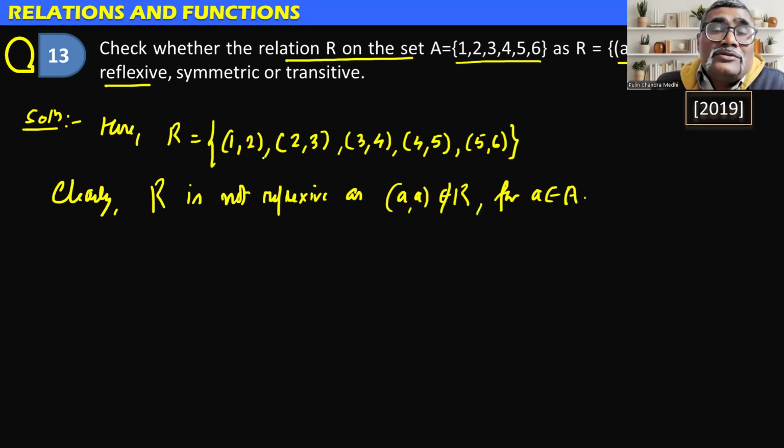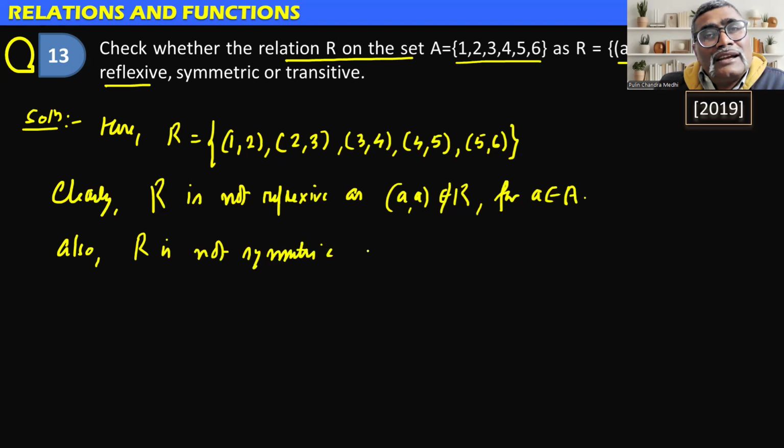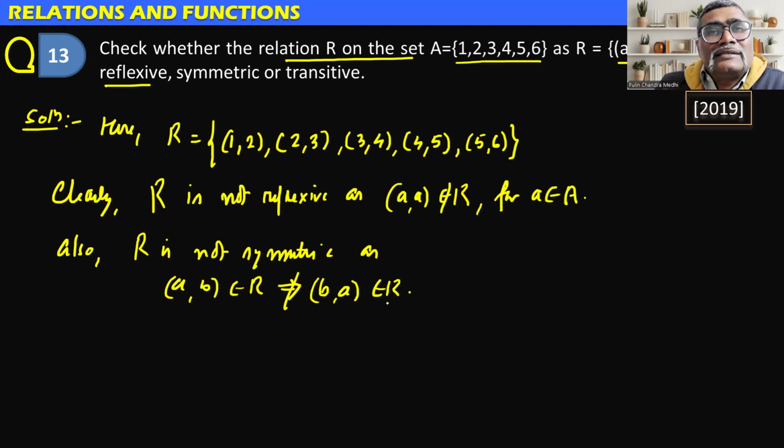For symmetric, you have to get A comma B belongs to R implies B comma A belongs to R. So here it is not possible, right? So you can also write R is not symmetric as A comma B belongs to R does not imply B comma A belongs to R, right? For all A, B belongs to A.